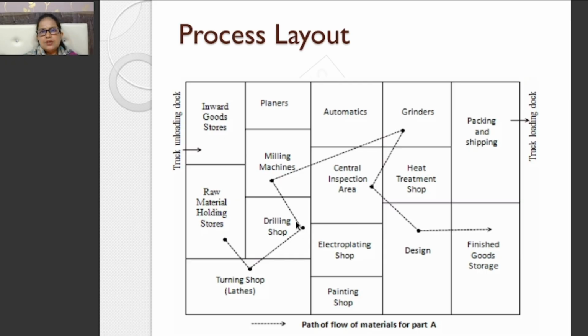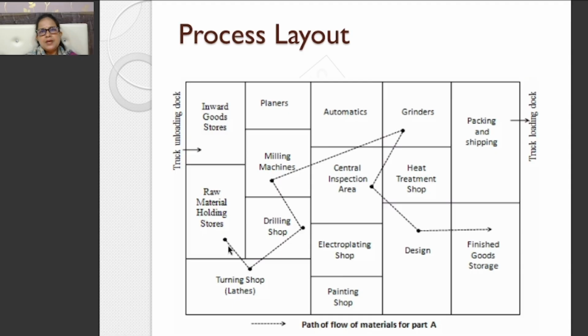Machines are not arranged in a sequence or in an order. Same type of machines are placed in groups. If a failure happens to one machine, then we can take the help of the other machine to produce the product.